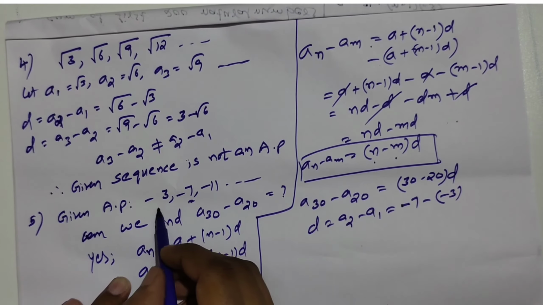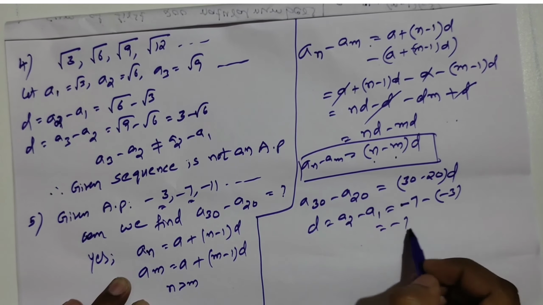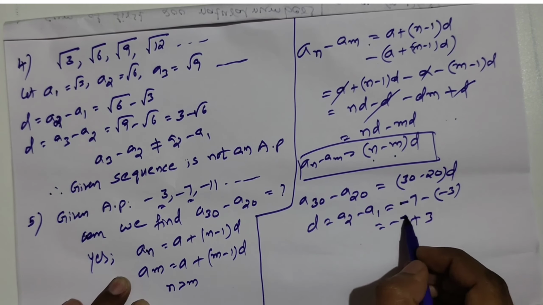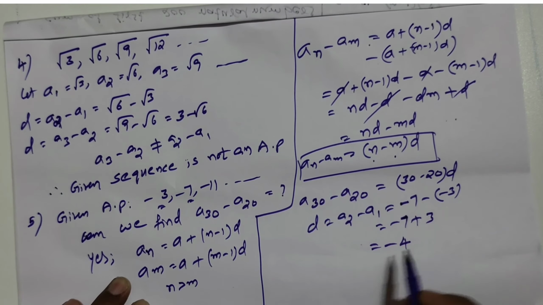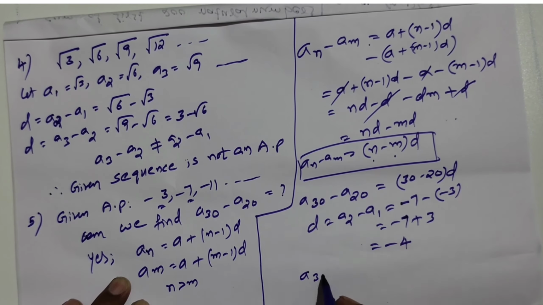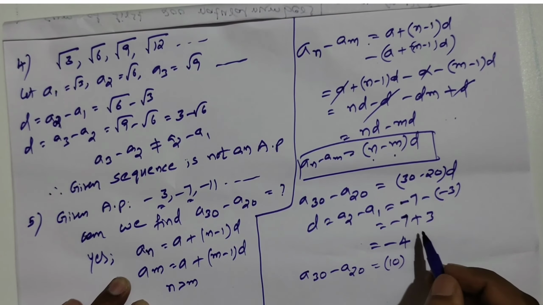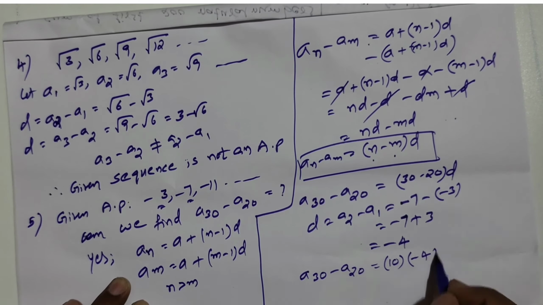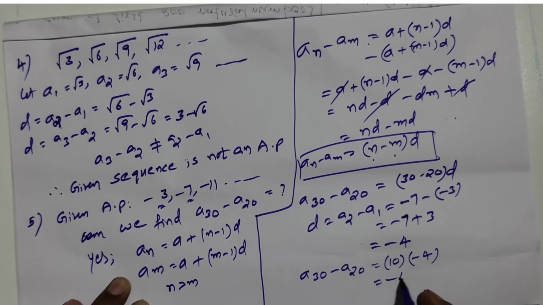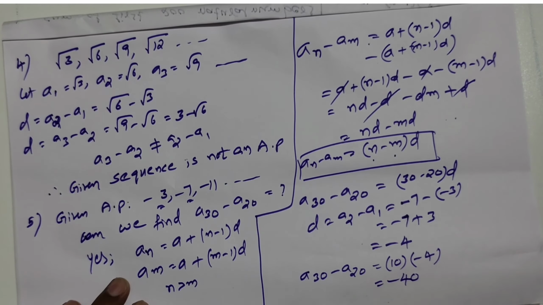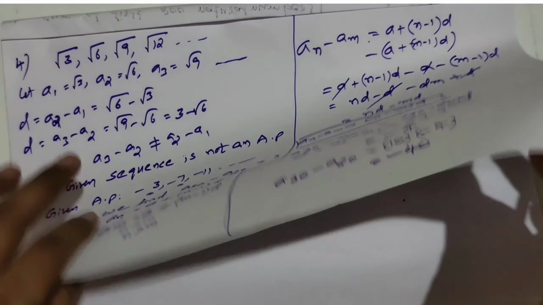This is A2 and this one is A1, as you know. So minus 7 plus 3, that is minus 4. Then A30 minus A20 is equal to 30 minus 20, 10 into minus 4. So 10 into minus 4, minus 40.